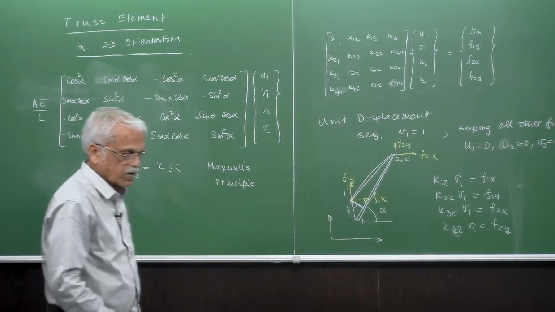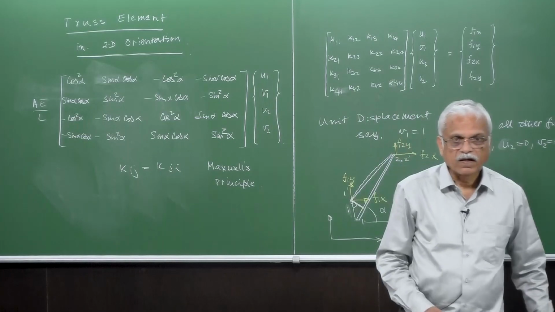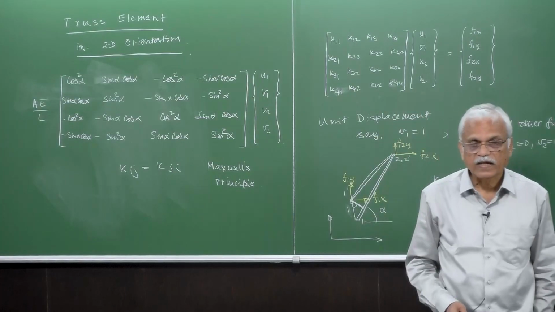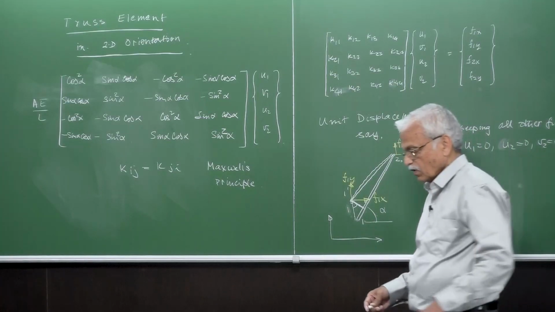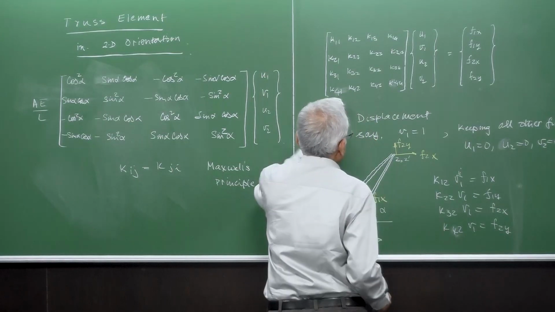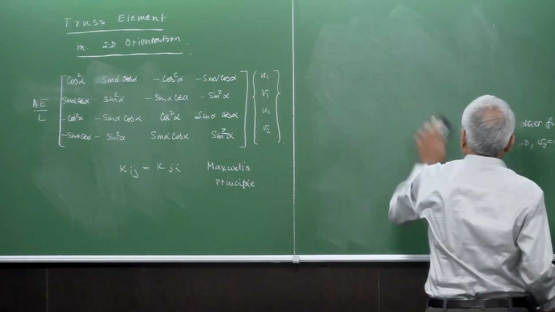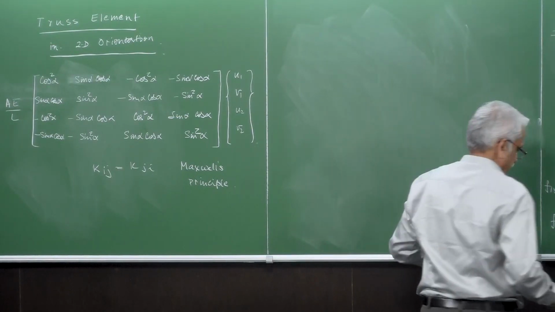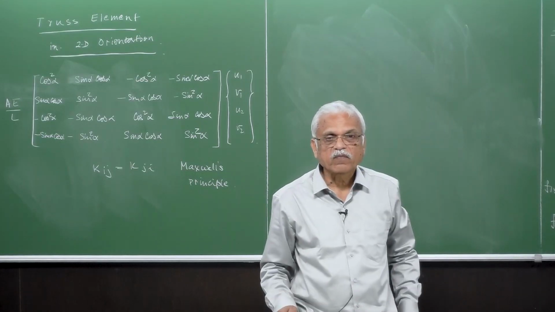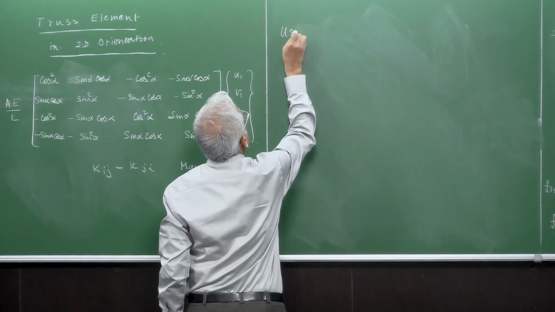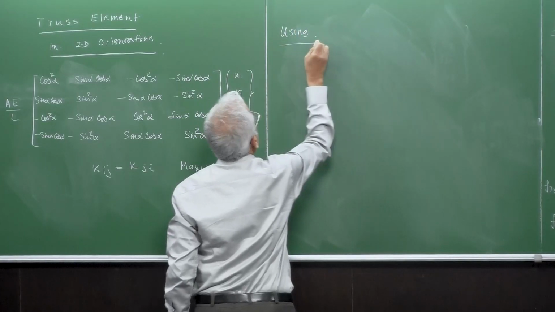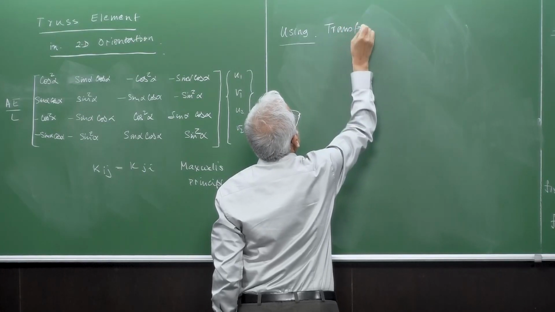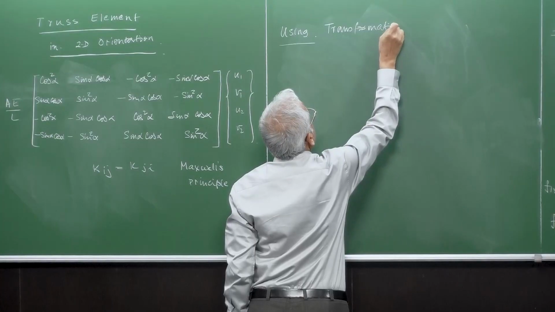So this is how we can derive the stiffness matrix for a truss element in a general orientation alpha. Now it's also important that there is another way of calculating this stiffness matrix in a general orientation, from the transformation matrix point of view, using the transformation method.